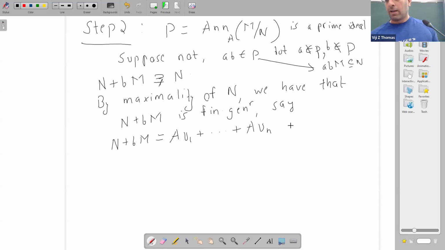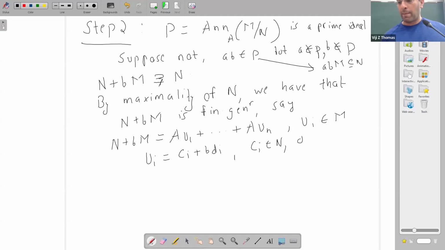Of course, ui are in M, but let's write specifically how ui will look. ui is equal to ci plus b di, where ci belongs to N and di belongs to M. Correct? Is this fine? Okay, so let's remember this.